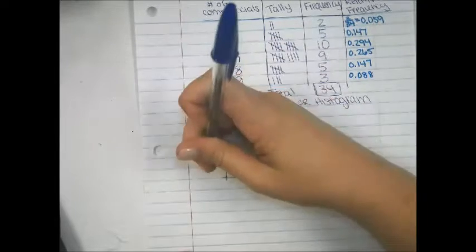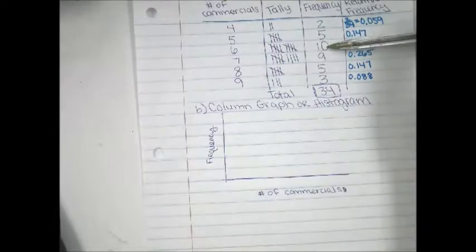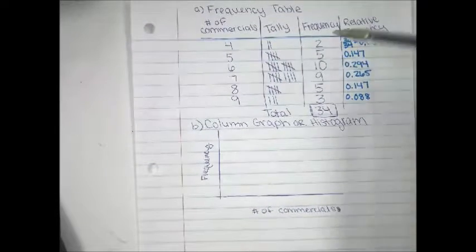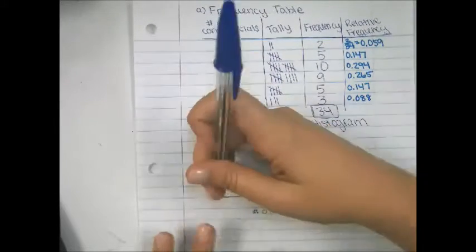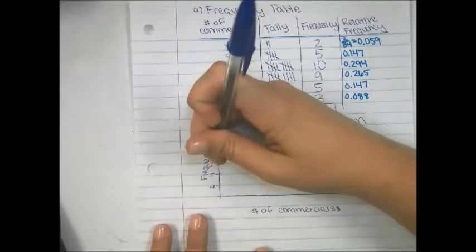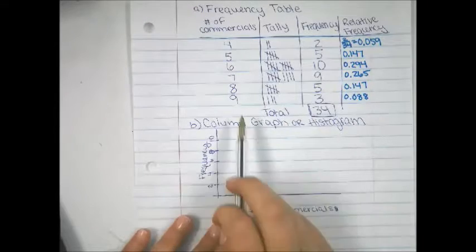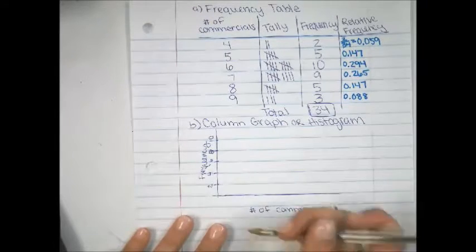And over here we're going to put frequency. So our biggest frequency happened 10 times. And so for our frequency we're going to want to get sure to get to 10. So I'm going to count by 2s.